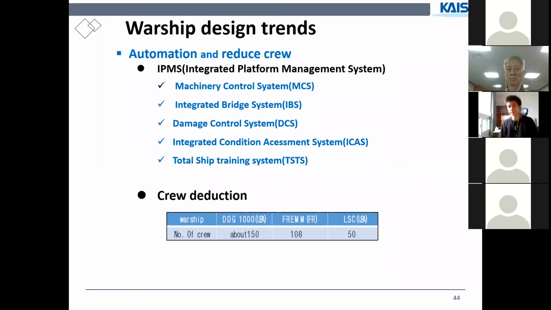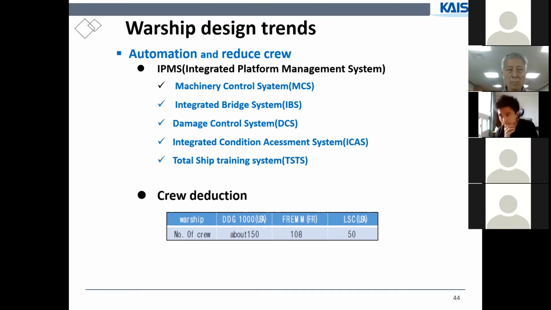Another approach, automation and reduced crew, is very important. As I know, in the Navy the most expensive problem comes from manning cost. To reduce the manning cost, we reduce the crew.